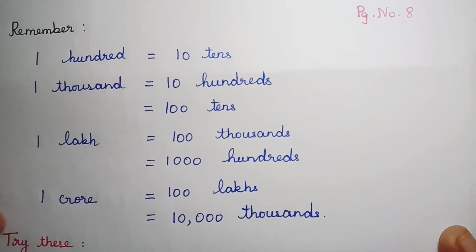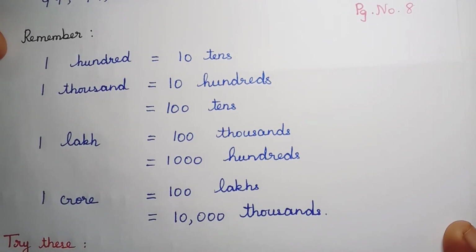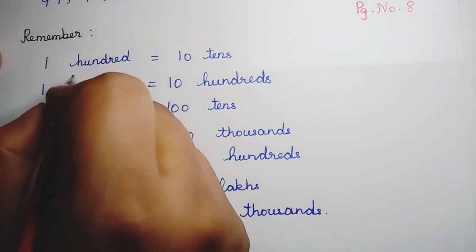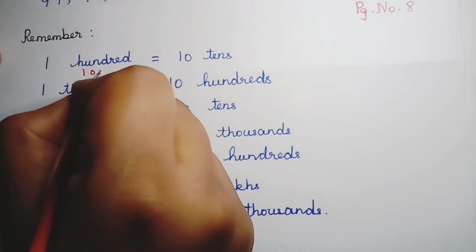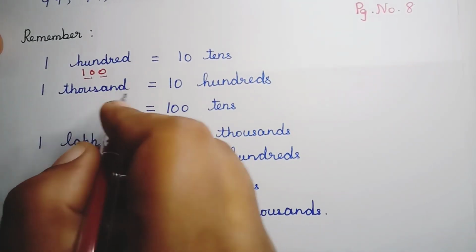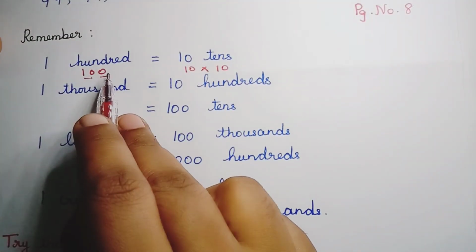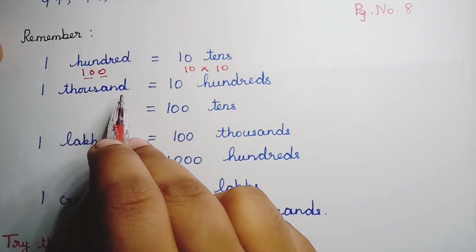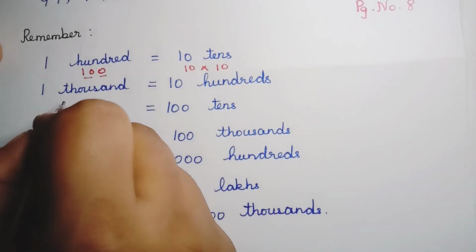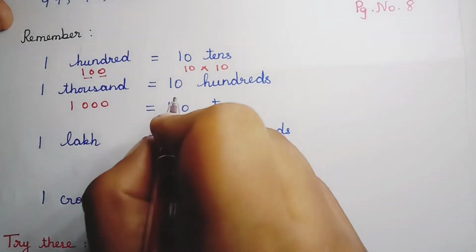So learn this also. 100 equal to 10 tens. You know that. Let's write it so you will understand. 100 is equal to 10 times 10, right? You can write like this, 10 times tens is your 100. The same way we will learn the next number. 1000 equal to 10 times what?